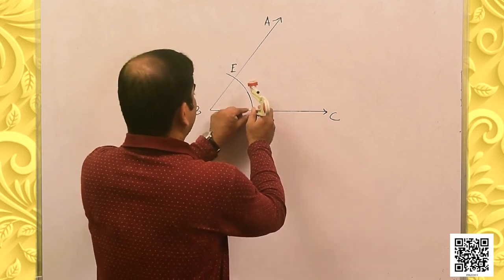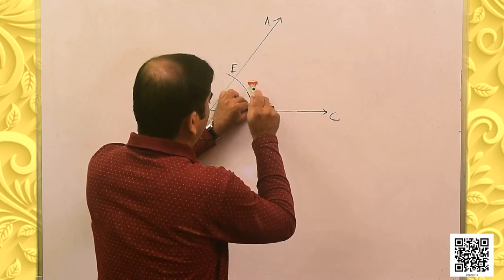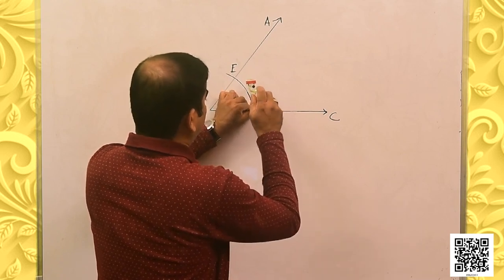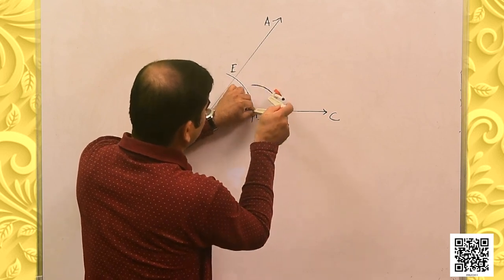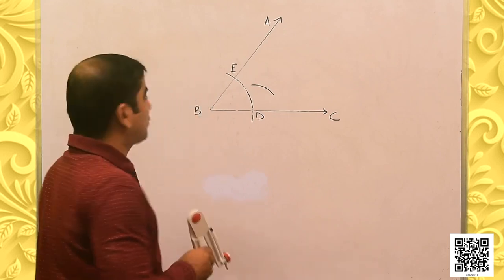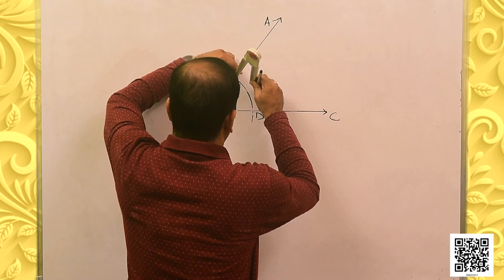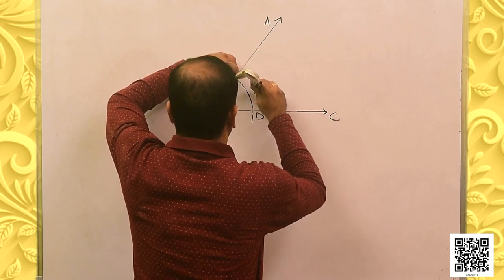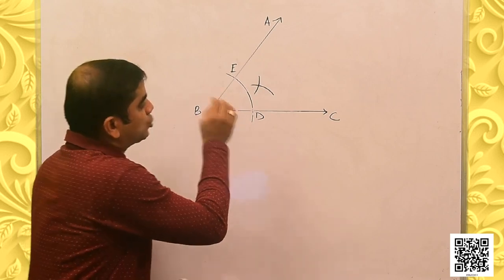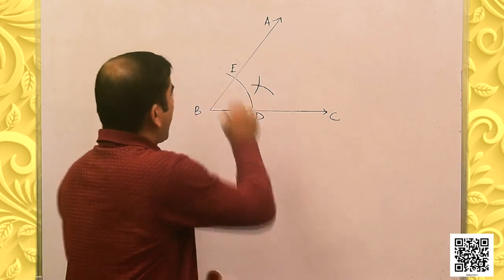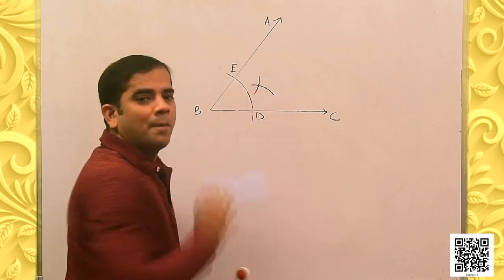So I am taking the length that is more than half DE. I am putting the point of the compass at D and drawing an arc. Same way we have to do from point E. See students, I have drawn two arcs from D and from E and they are intersecting each other at a point.